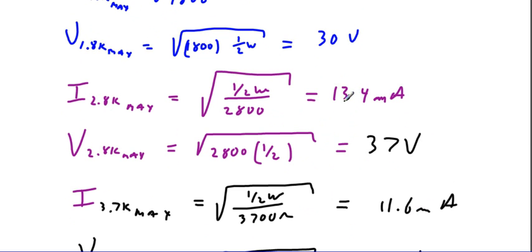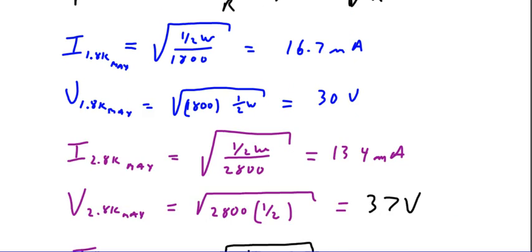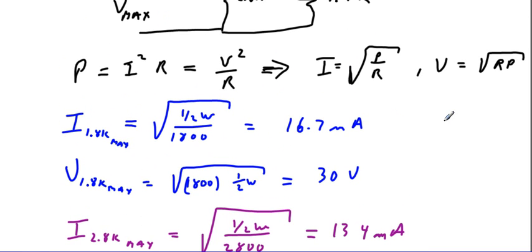So I've got 13.4 plus 11.6, that's 25 milliamps that could be flowing through the other two. So it looks like that's my limiting resistance. Okay, my limiting factor for current flow. And what does the problem want to know? What is the maximum value that can be applied across the whole network?